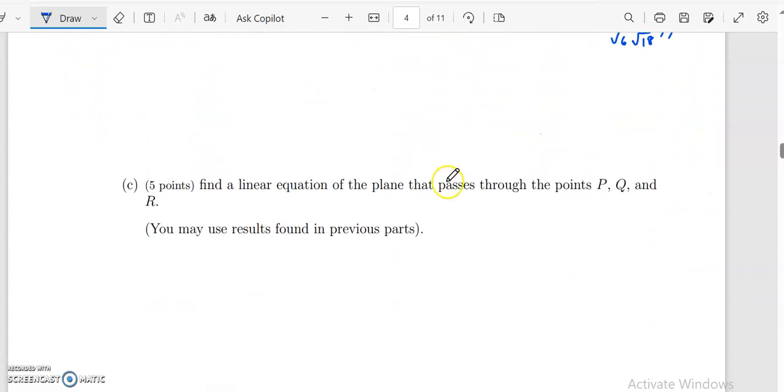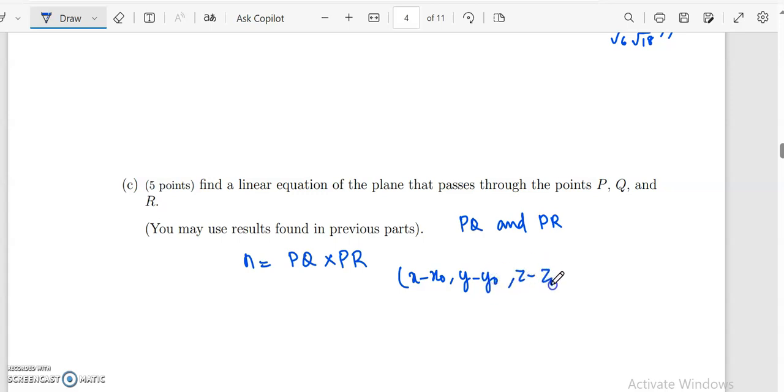Next one, we need to find the linear equation of the plane that passes through the points P, Q and R. So we already have the vector PQ and PR. Now we'll calculate the cross product, that will be N. So N will be PQ cross PR, and the required equation will be (x minus x naught, y minus y naught, z minus z naught) dot N equal to 0.